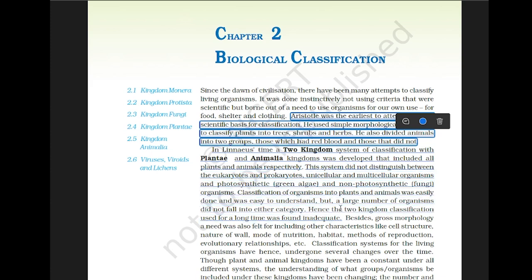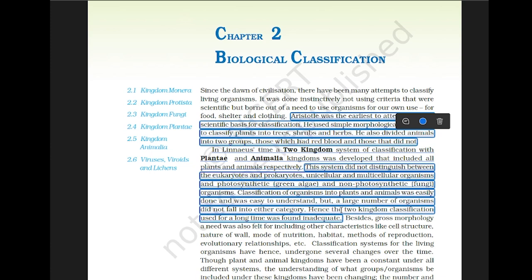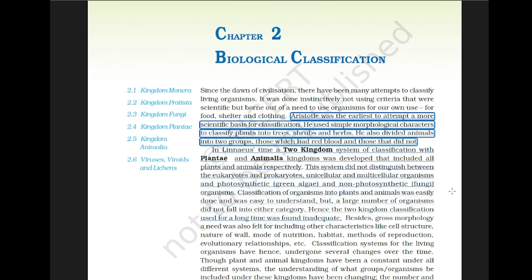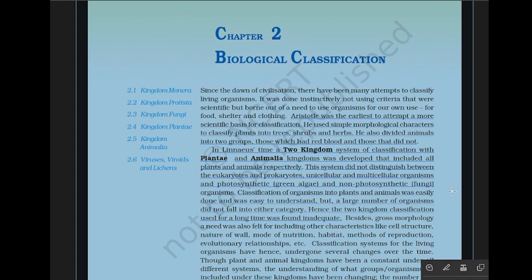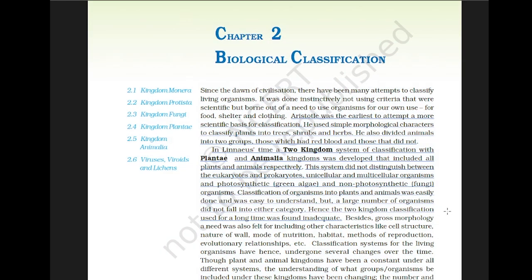Actually, this classification was very simple and easy to understand, but it had many problems. Every classification system has some merits and demerits. One of the main merits is that it is very easy to understand, and this classification is easily done by classifying living organisms into plants and animals.